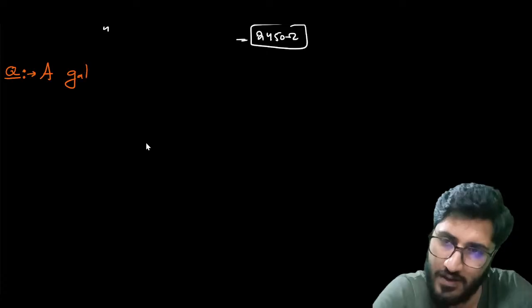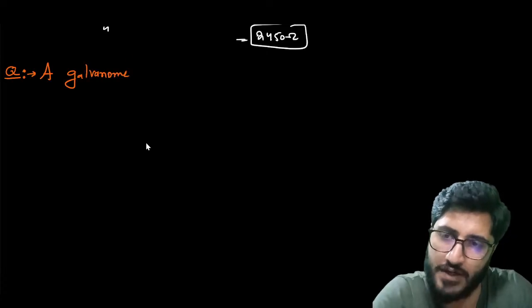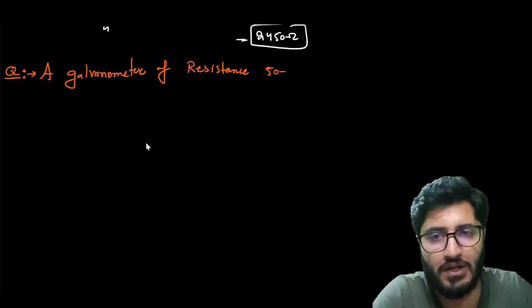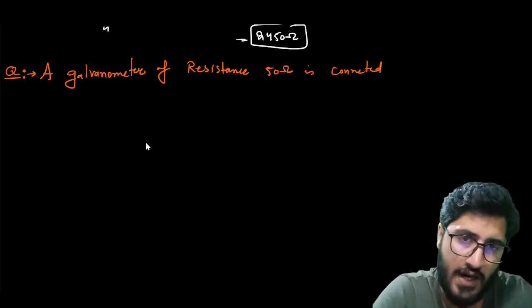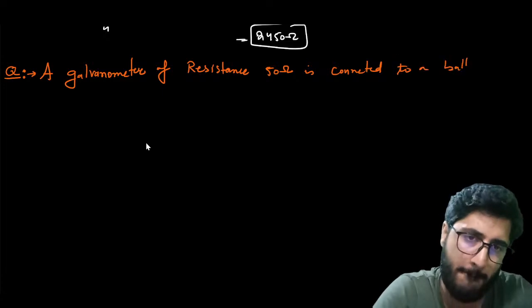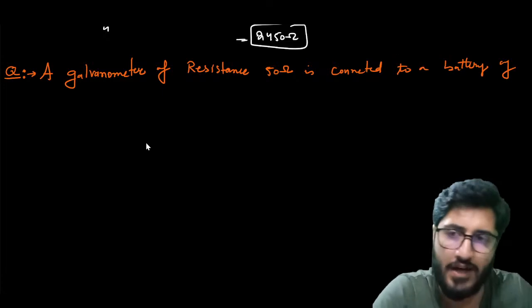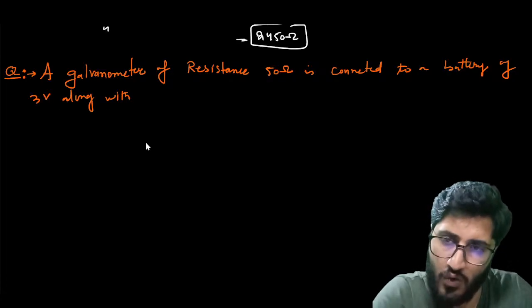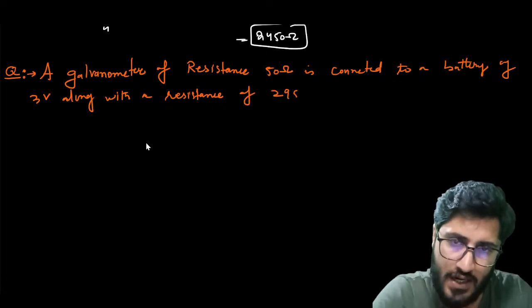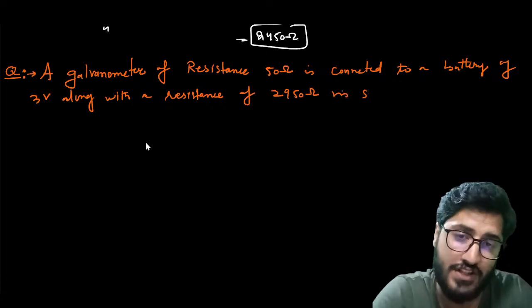A galvanometer of resistance 50 ohm is connected to a battery of 3 volt along with a resistance of 2950 ohm in series.